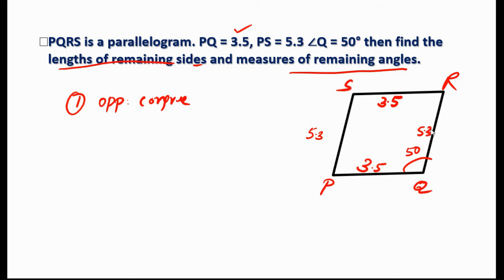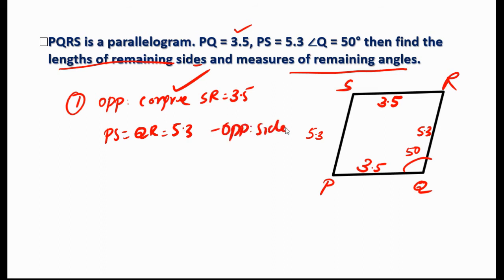So whenever we say QR is 5.3, or if you are saying that SR is equal to 3.5, you will say opposite sides are congruent. वो लिखेंगे. If you are saying that PS and QR, PS is equal to QR is equal to 5.3, again opposite sides are congruent in a parallelogram. So sides मिल गया.